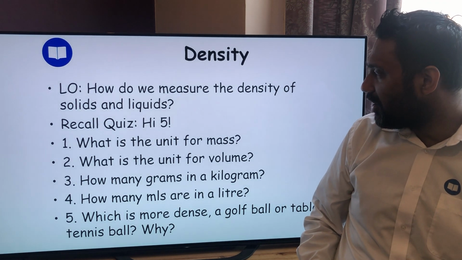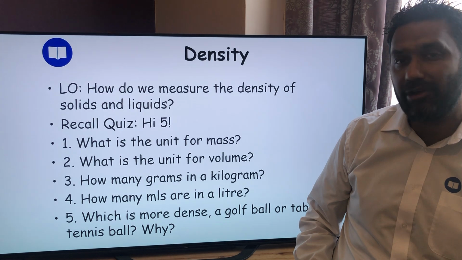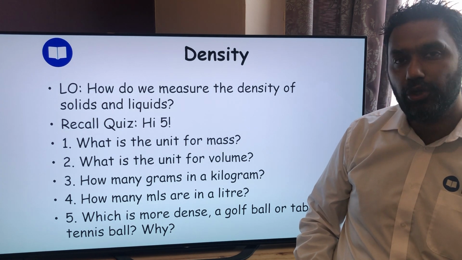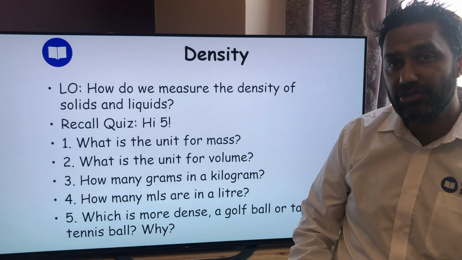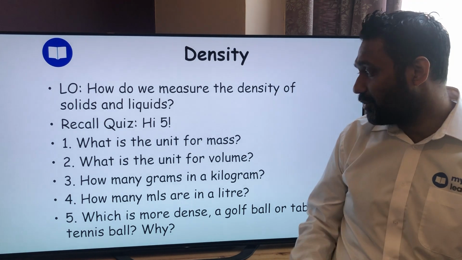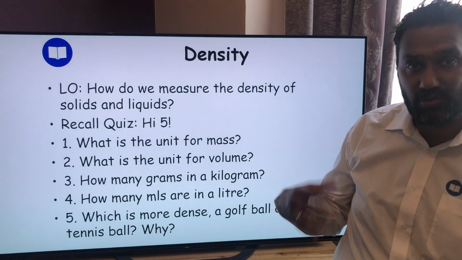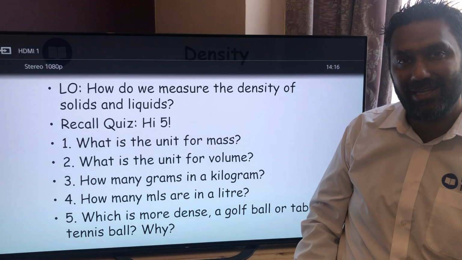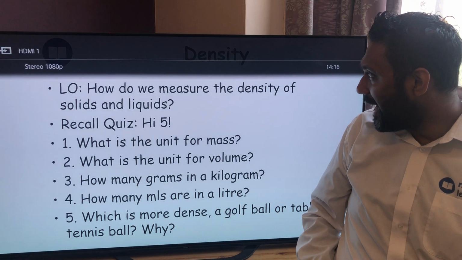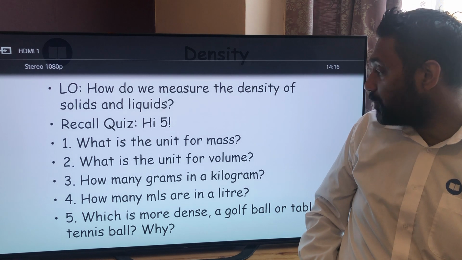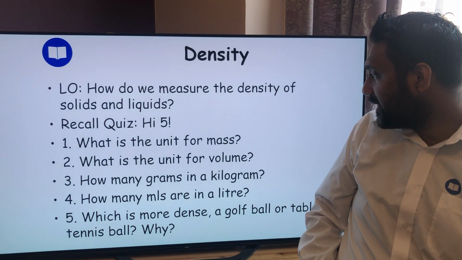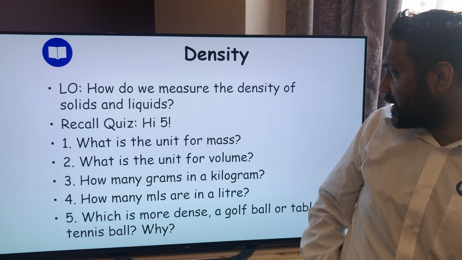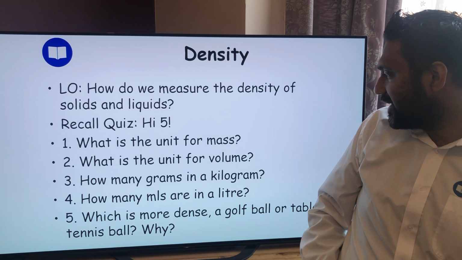Right, so the unit of mass is grams or kilograms. The unit for volume is actually centimeters cubed or meters cubed. I know people use milliliters because 1 centimeter cubed is 1 milliliter, but the correct unit for volume is centimeters cubed and or meters cubed. How many grams in a kilogram?